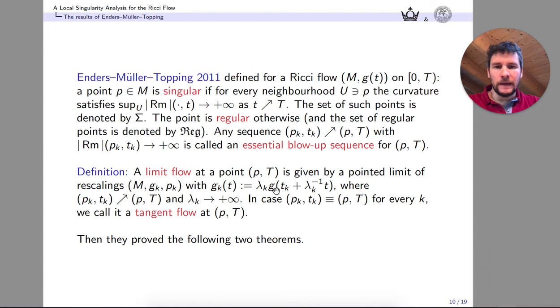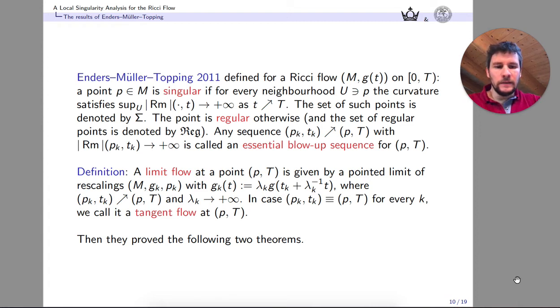So we rescale as we have done before. We multiply with factors lambda_k, and we scale down the time with 1 over lambda_k. And we do this along a sequence which converges to (P, T). And in case that we can do that for the sequence just being the fixed singular point and the fixed singular time, then we call the flow a tangent flow at this point.